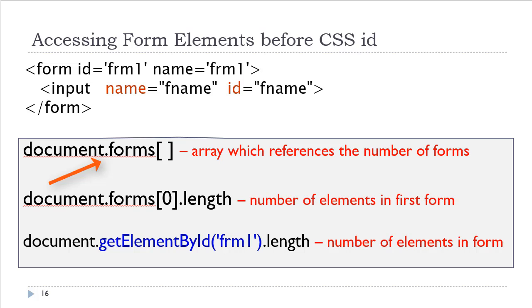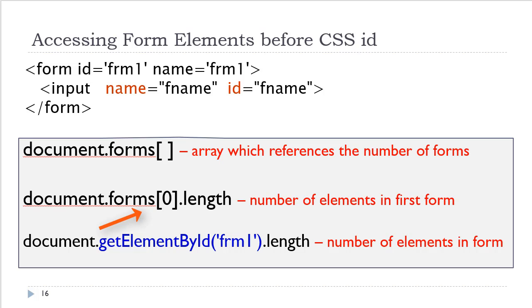Notice the brackets. This would be an array which would reference the number of forms on the page. It is possible to have more than one form on a page. However, they each have their own opening and closing form tag and their own submit button. You do not put a form inside a form.